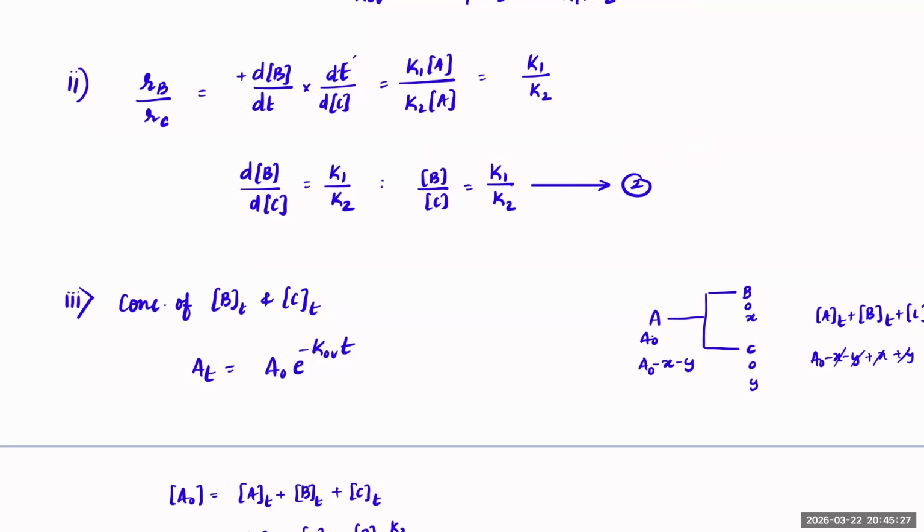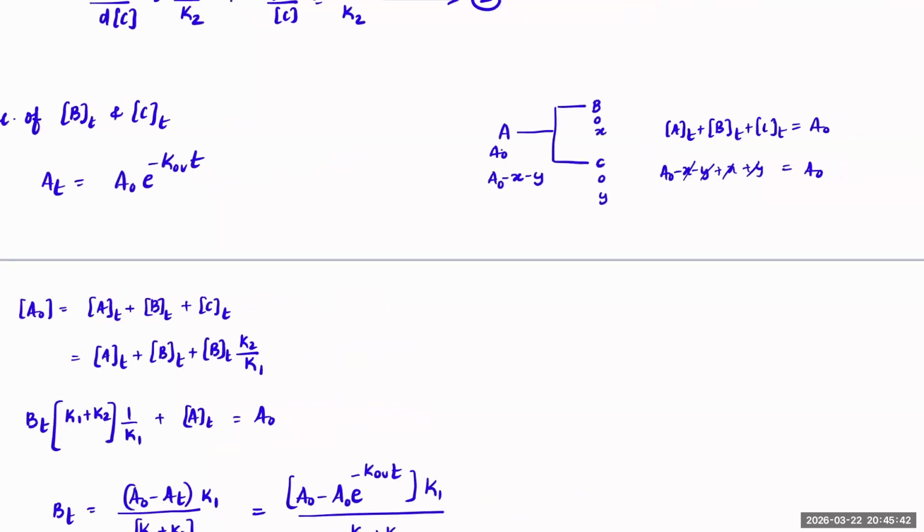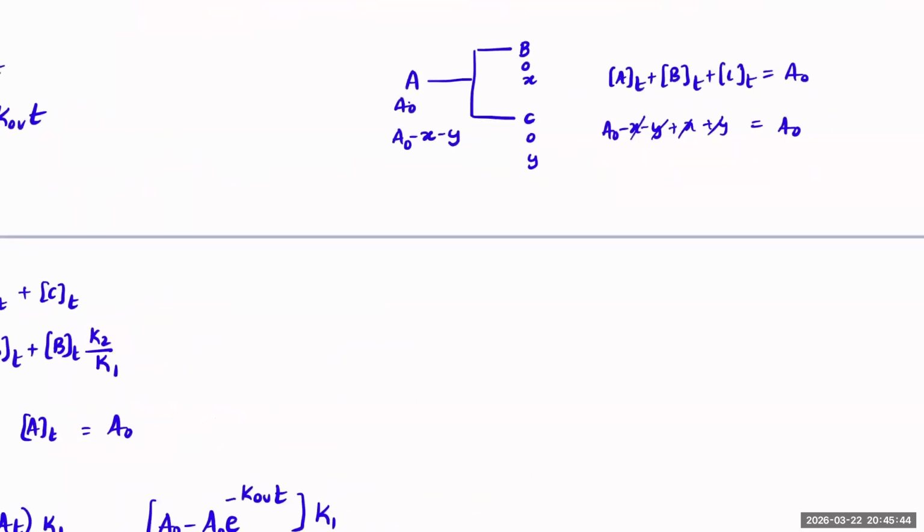Okay. Now, the third aspect in this case is to figure out what is the concentration of Bt and Ct. Well, we know that At is equal to A naught e raised to power of minus k overall into T. Now, come to this factor here. Suppose initially A is A naught amount, then B is 0 and C is 0. And at time T, let's say A naught lost some X amount to form X here, Y amount to form Y here.